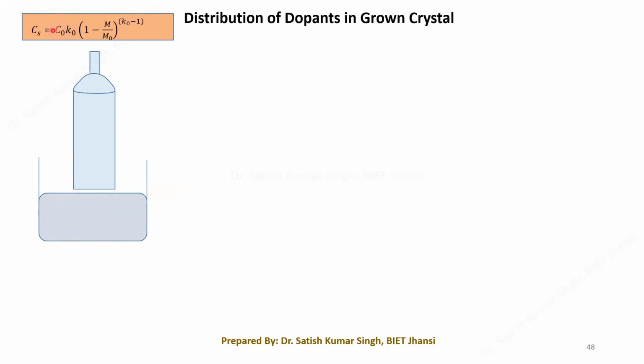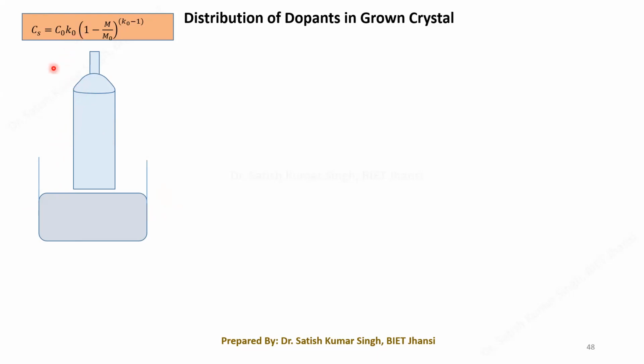Then we took case number 2, and we started drawing the crystal. In that case, we had already drawn a certain mass, a certain weight of the crystal, and then there is a net reduction in the melt that we observed. Because of the pulling, we are considering that K naught is less than 1.